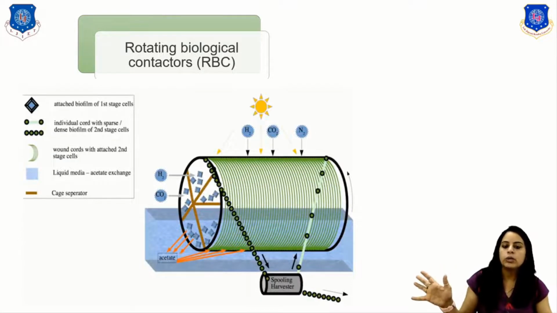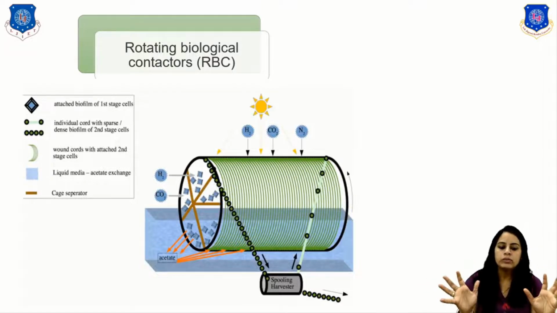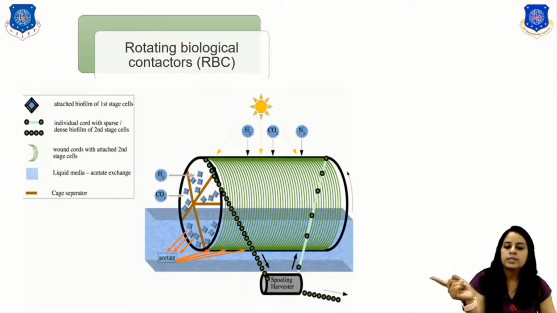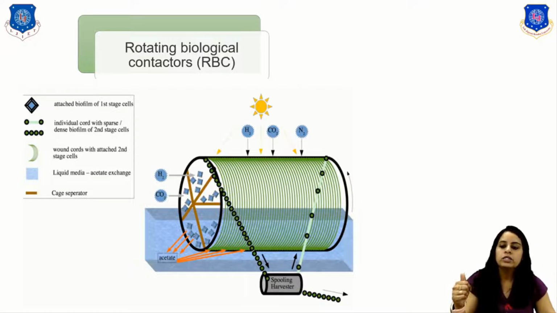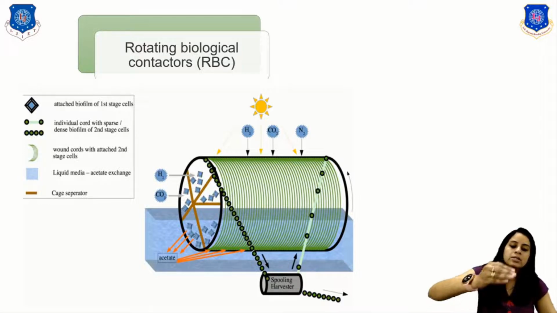Here on screen you can see the attached biofilm. Then you can see the biofilm, the individual coat with these parts, then the dense biofilm or the second stage cells. The wound coats with attached second stage cells. This is the contactor.